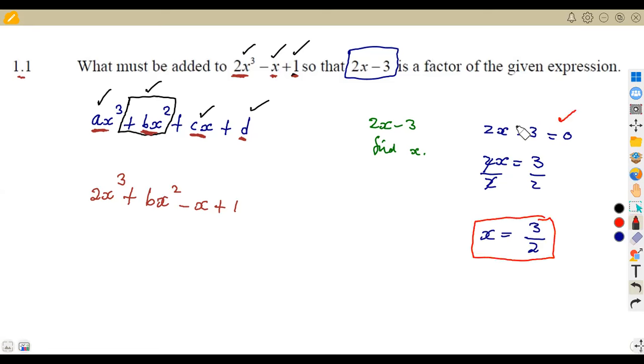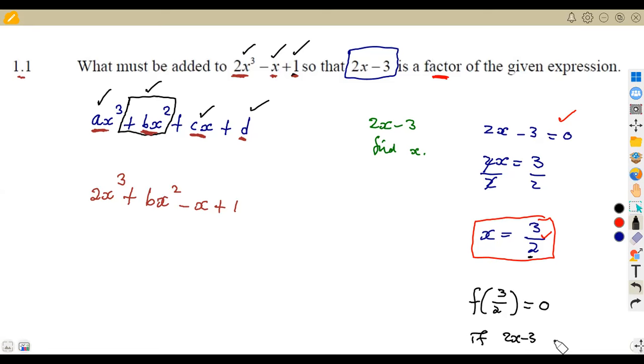This is the value of x, which, if you substitute, you're going to get 0. So if it is a factor, what are we going to do with this value of x? It means f of 3 over 2 must be equal to 0.